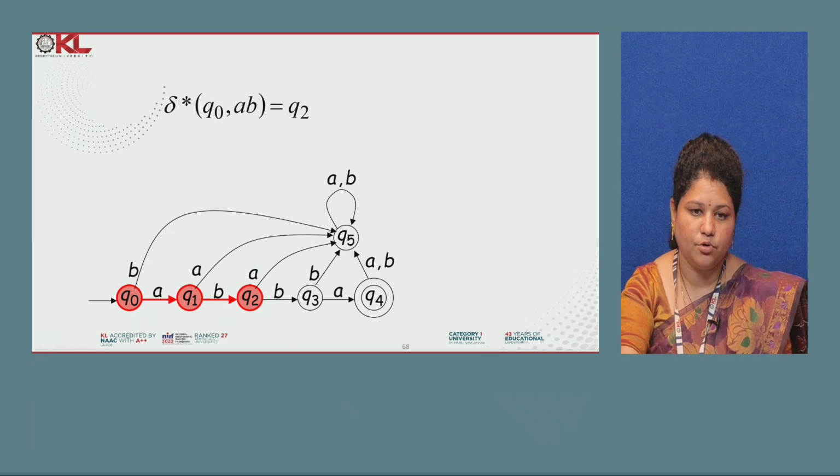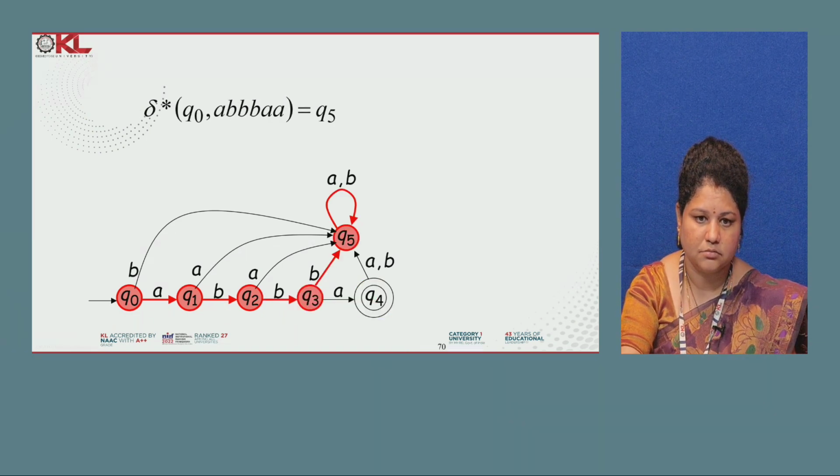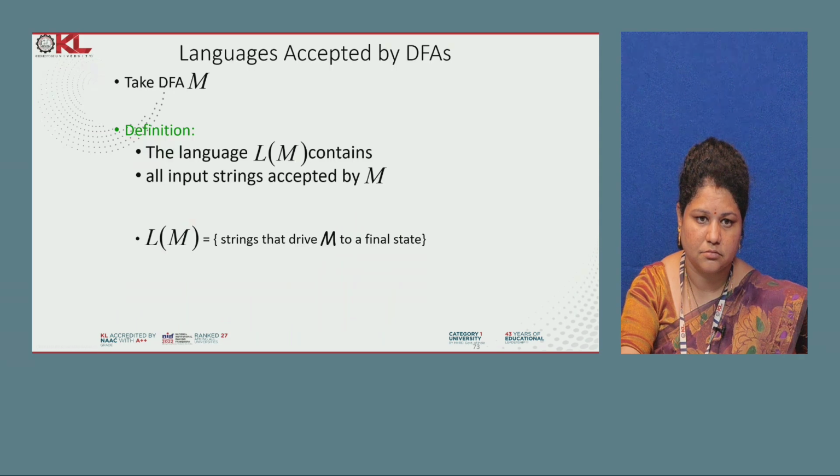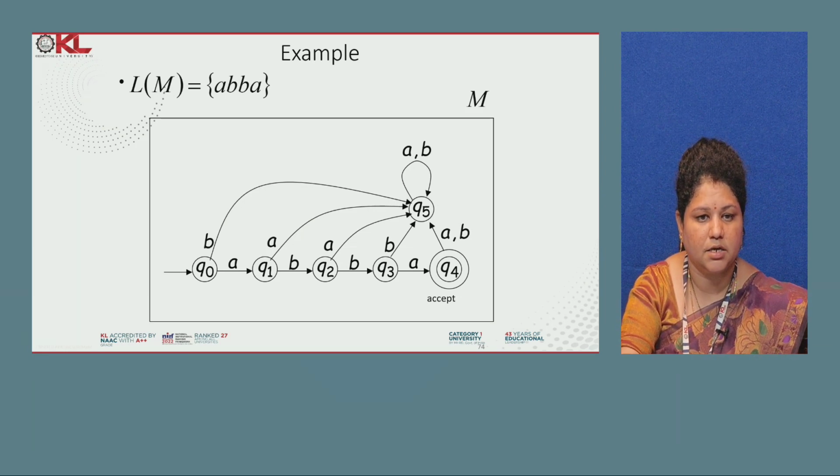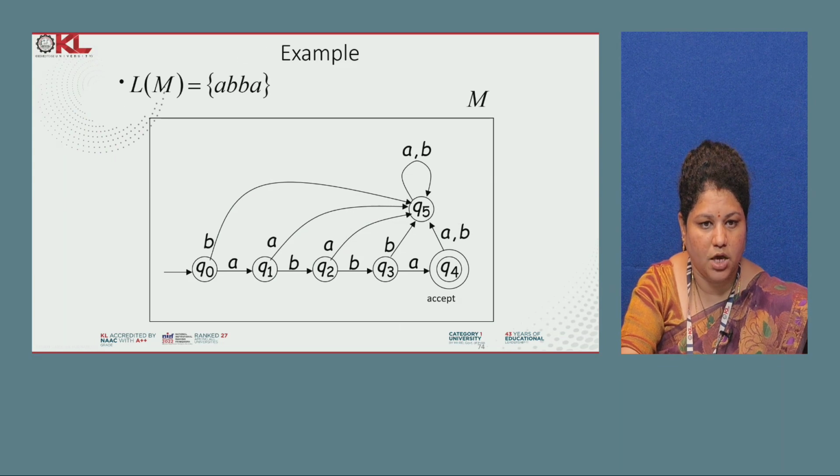By taking one more example, ABBA. For example, we are taking ABBA, how can the DFA diagram be drawn?